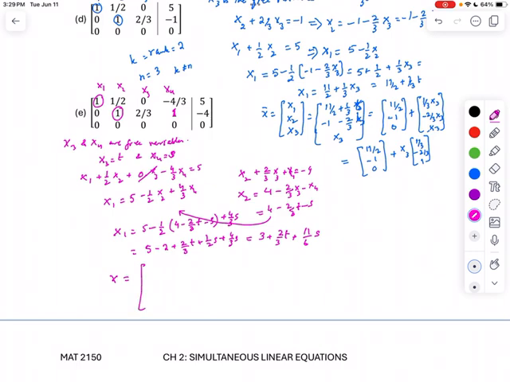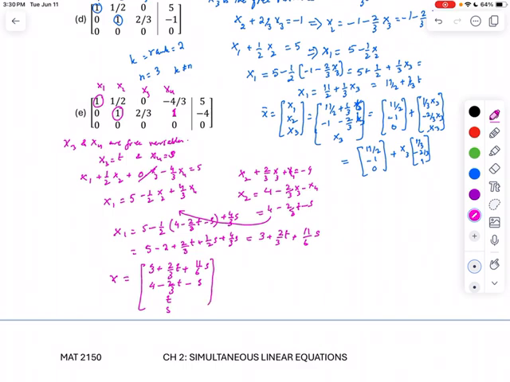So you can write your answer as x equals x1, which is 3 plus 2 over 3 t plus 11 over 6 s. x2 is 4 minus 2 over 3 t minus s, and so x1, x2.